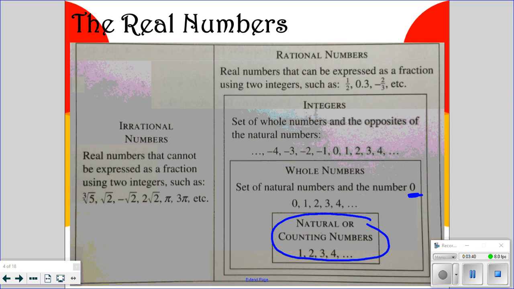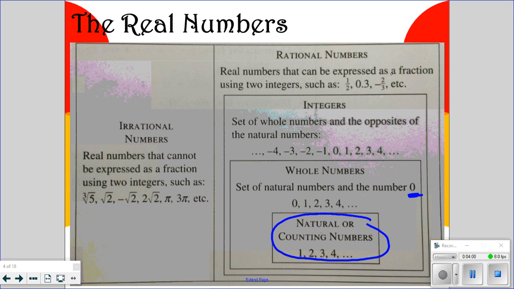Up from that are the integers. So those are your whole numbers, which would be 0, 1, 2, 3, 4, and the negative of your natural numbers. So positive, negative counting numbers, and 0. No decimals in integers. They have to be positive and negative whole numbers, basically.